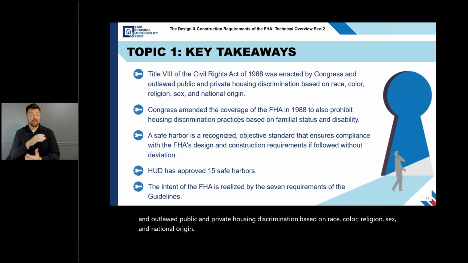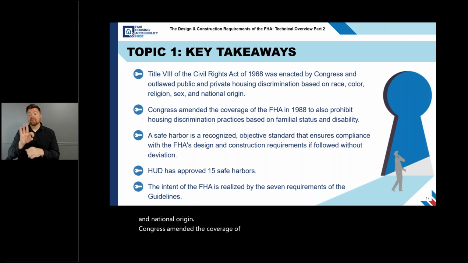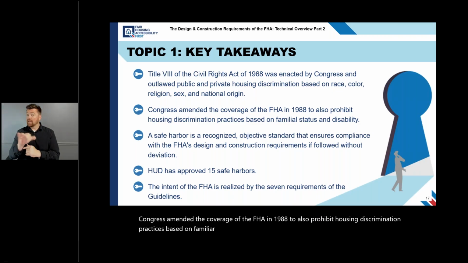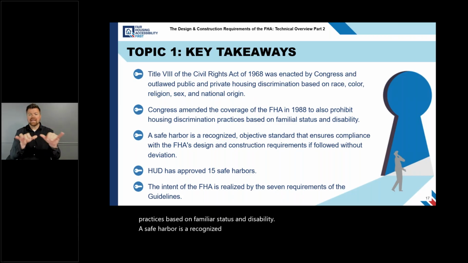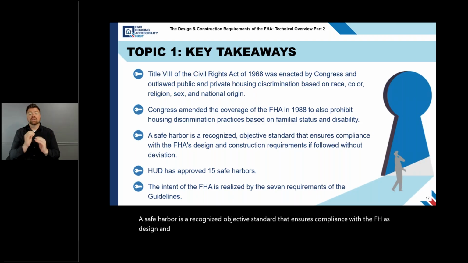Congress amended the coverage of the FHA in 1988 to also prohibit housing discrimination practices based on familial status and disability. A safe harbor is a recognized objective standard that ensures compliance with the FHA's design and construction requirements if followed without deviation.